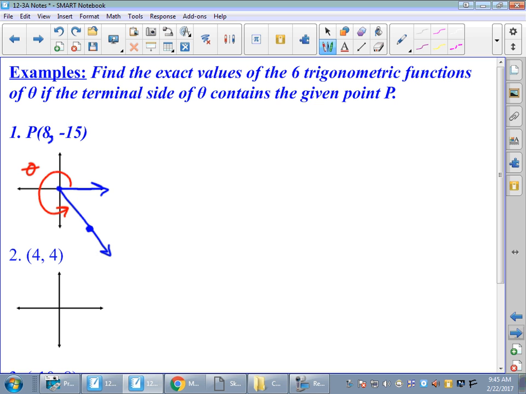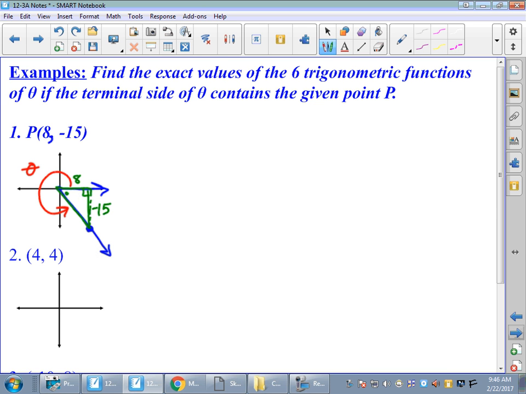Okay, we've never done that. And so when we're finding the 6 trig values of that angle, we're actually going to use this little tiny angle inside, formed with the terminal side and the x-axis. So to do that, I need to make a right triangle. And I went over 8, and I went down 15.